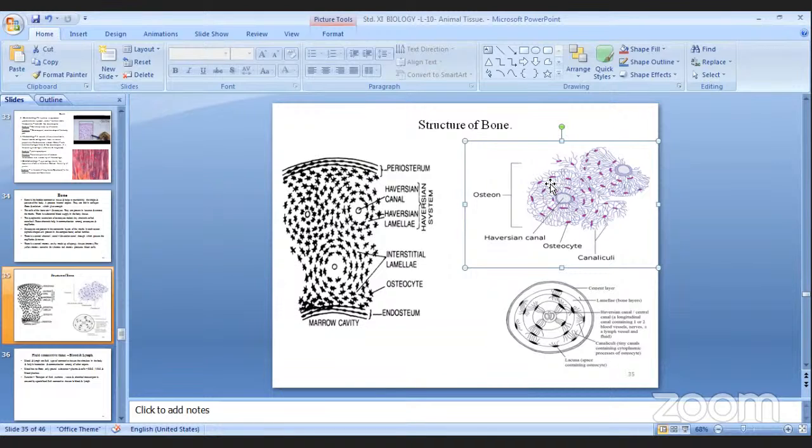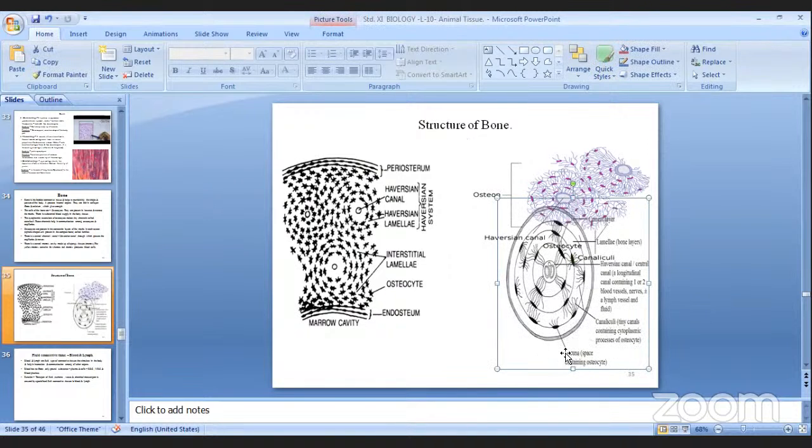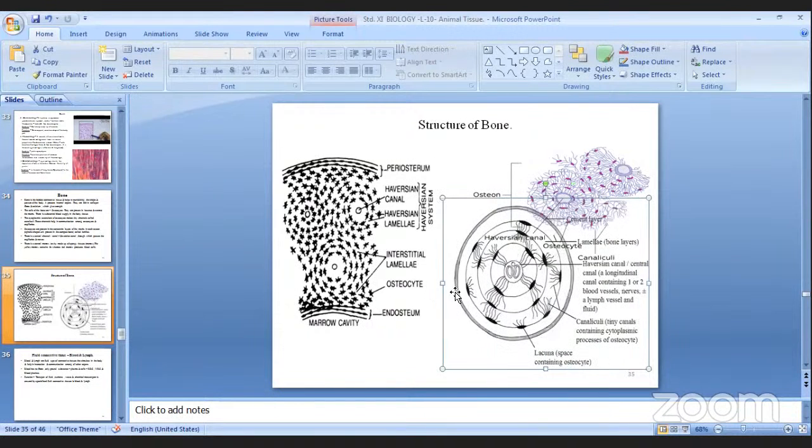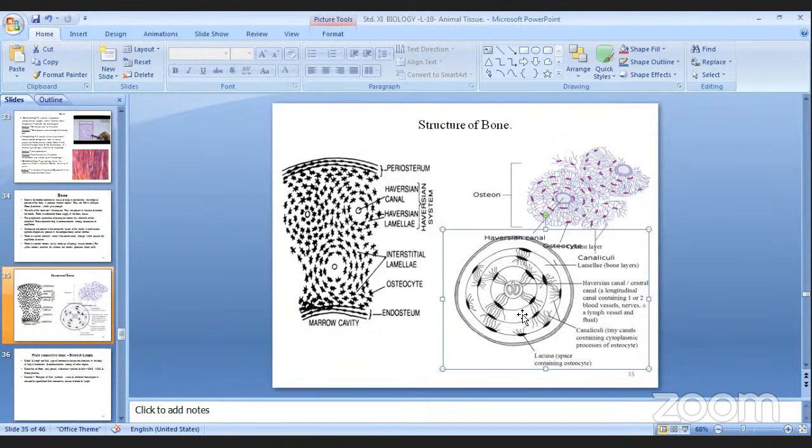Okay, now one of the osteons is shown over here. You can see this. I'll just enlarge it. See, 1 minute, students. See here now. See these blacks. So these rings you can see, these are known as the lamellae. Fine.